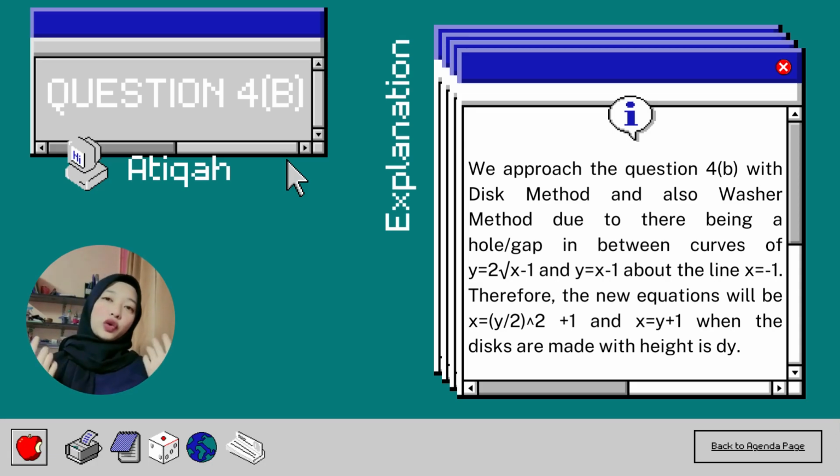Therefore, the new equation will be x equals (y over 2) squared plus 1. And the other equation will be x equals y plus 1, when the discs are made with height dy. That's all for my explanation part about the method.